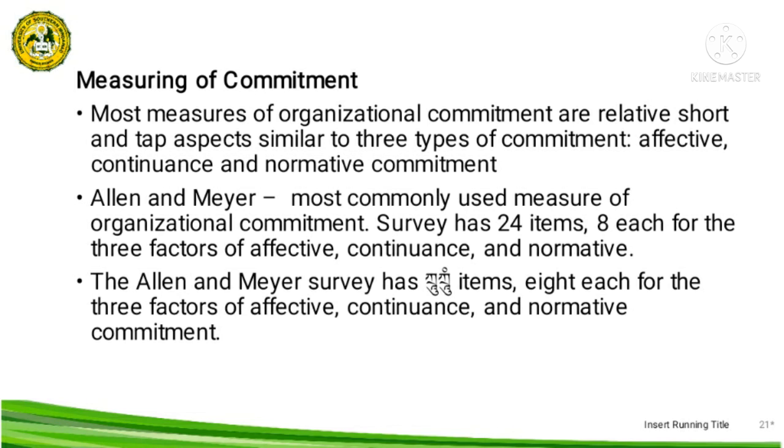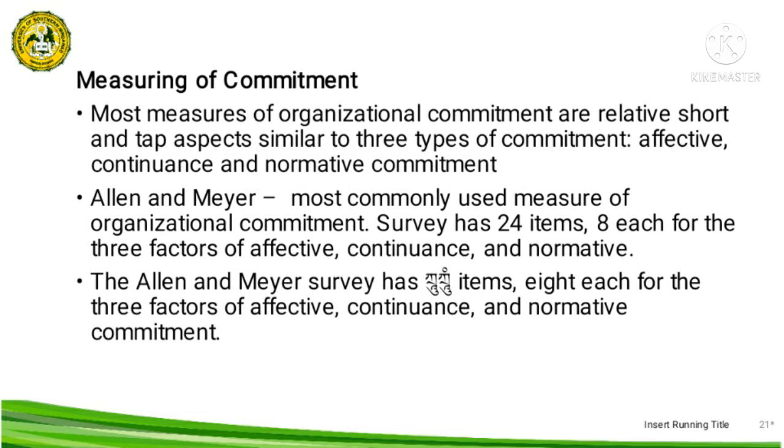Measuring of commitment. Most measures of organizational commitment are relatively short and tap aspects similar to the three types of commitment mentioned previously sa topic earlier: affective commitment, continuance commitment, and normative commitment. Perhaps the most commonly used measure of organizational commitment is the one developed by Allen and Meyer in 1990.